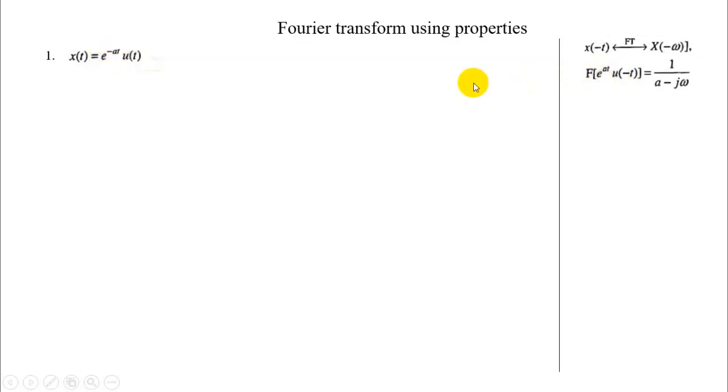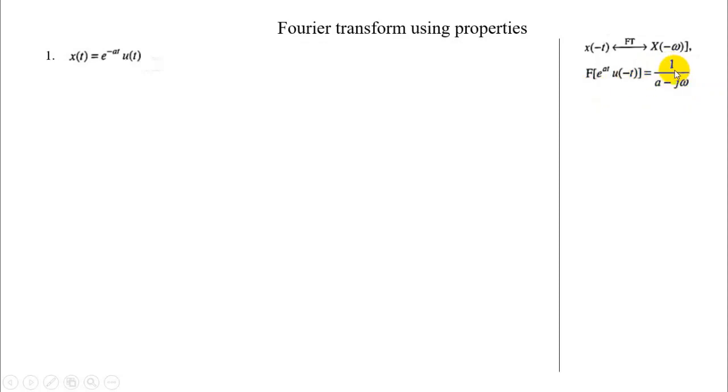If we compare these two signals, basically the difference is that t is replaced by minus t. So from the properties of the Fourier transform, if we have the Fourier transform of x(t) as X(omega), then to determine x(minus t), we just replace X(omega) by X(minus omega). In a similar fashion, the Fourier transform of e to the power at u(minus t) is 1 divided by a minus j omega, as I discussed in previous videos.